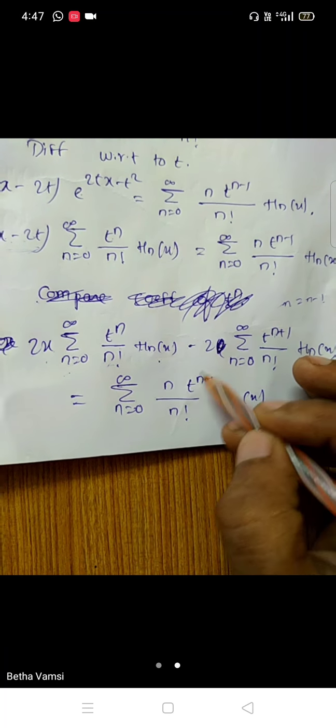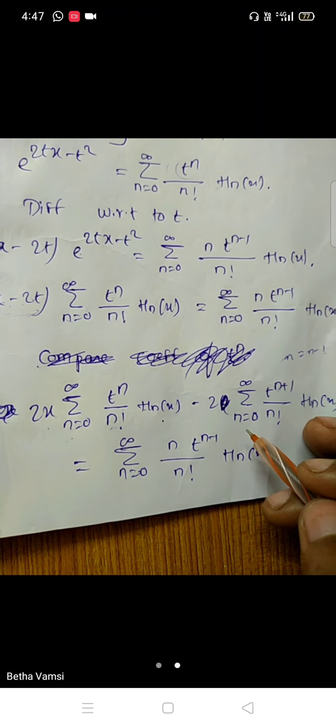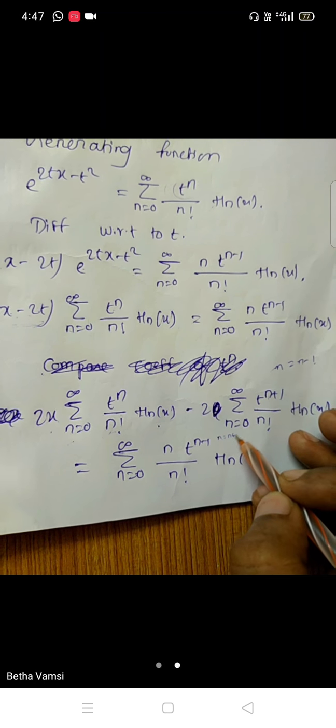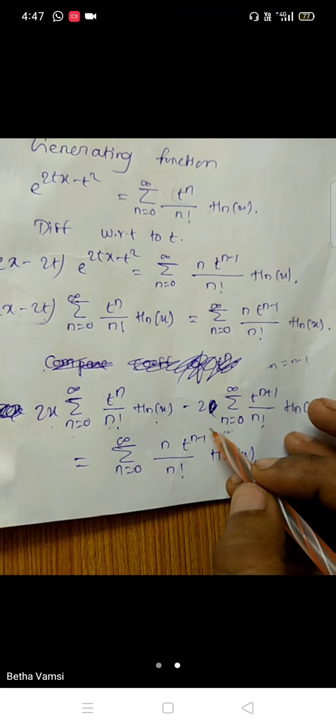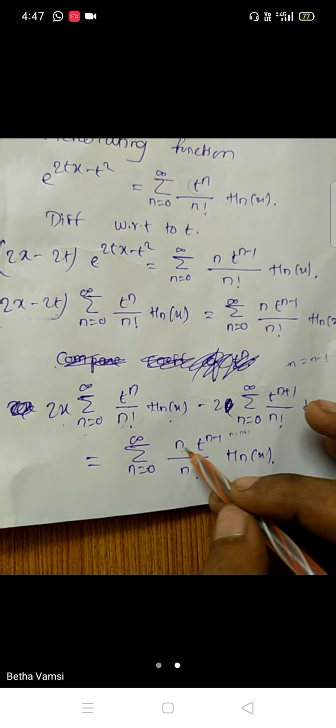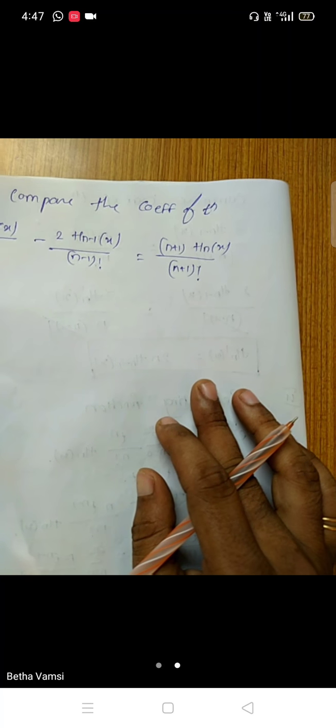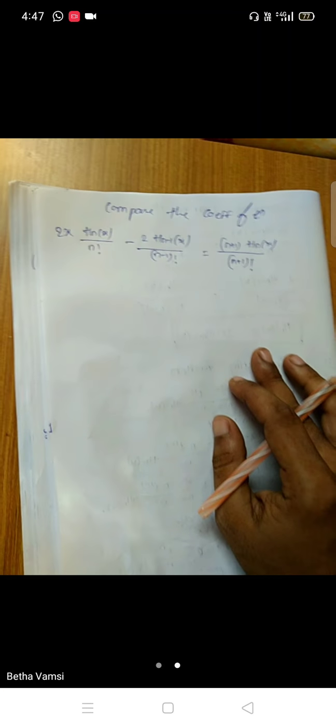And when you put n equal to n plus 1, then you get the t power n coefficient, so n plus 1 into H_n of x divided by (n plus 1) factorial. This is the way I wrote the expression.